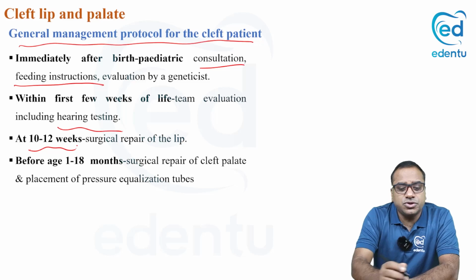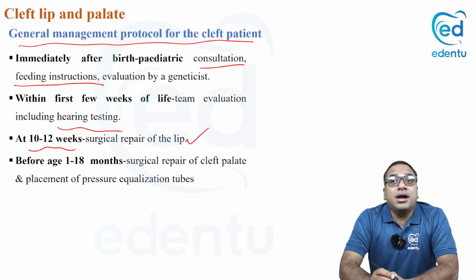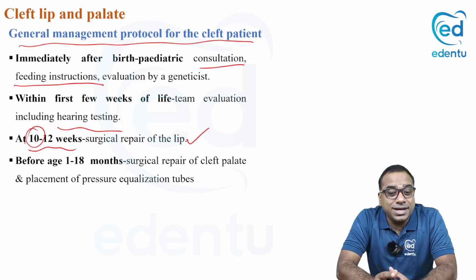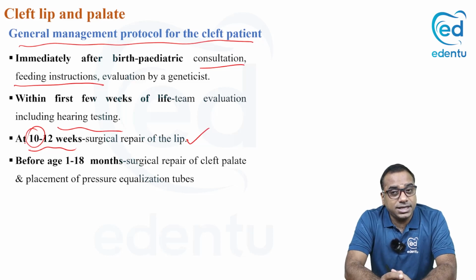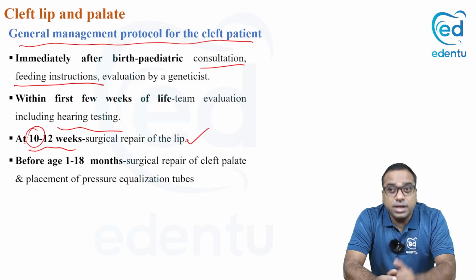At 10 to 12 weeks, you should do surgical repair of the lip. You would have studied Millard's rule of 10, so the 10 weeks come here. In the 10th week, surgical repair of the lip takes place. The first surgery is done when the baby is 10 weeks old. Hemoglobin should be 10 also.